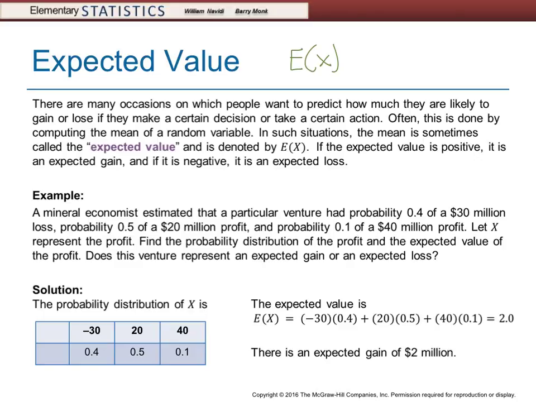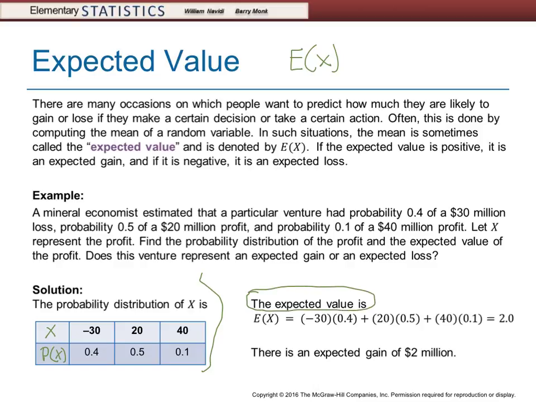Does this venture represent an expected gain or an expected loss? Notice we use the term expected. So there's x. Here's P of x of our distribution. So we want to create the probability distribution from the wording. And then we calculate. Here's the solution of finding the expected value.